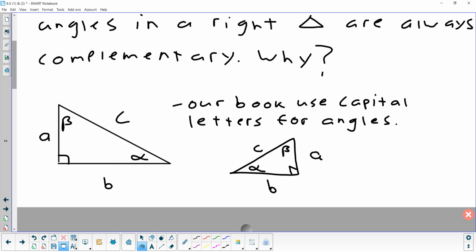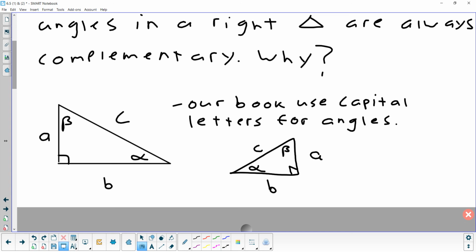Now, what's a little confusing is our book uses capital letters for angles and lowercase letters for sides. I don't like doing it that way because then it can be confusing. If you ask me, how did you get B, I'd have to say, well, which B? The capital B or the lowercase b? And certain letters even look the same.